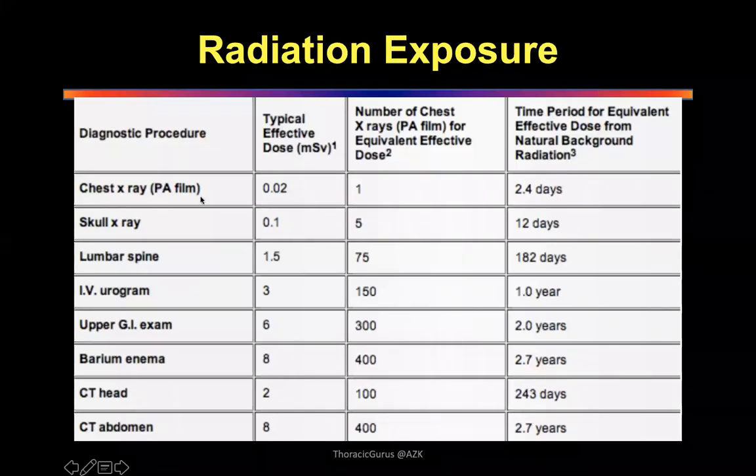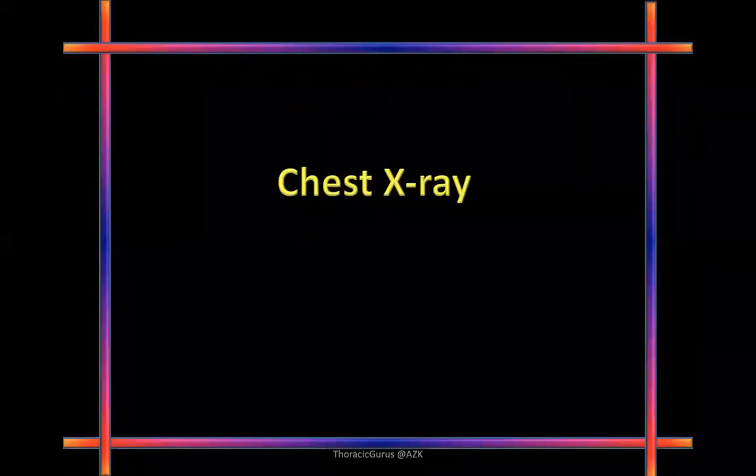So if you do a chest X-ray, it's equal to 2.4 days of radiation over a year, okay? And if you look at a CT scan, CT abdomen and chest, it's about 400. Barium enema is also around 400, which is 2.7 years of natural exposure. So it has got exposure, but it is not so dangerous. That's the point I'm trying to make, okay?